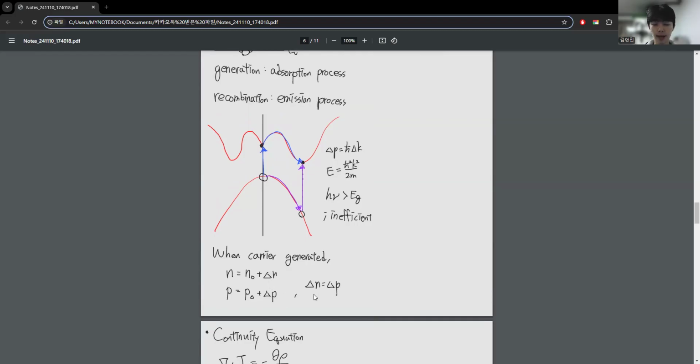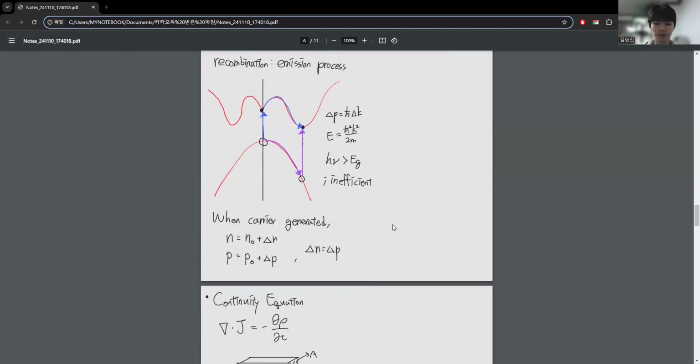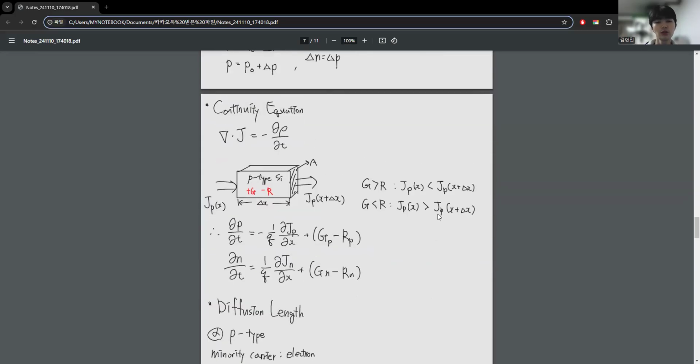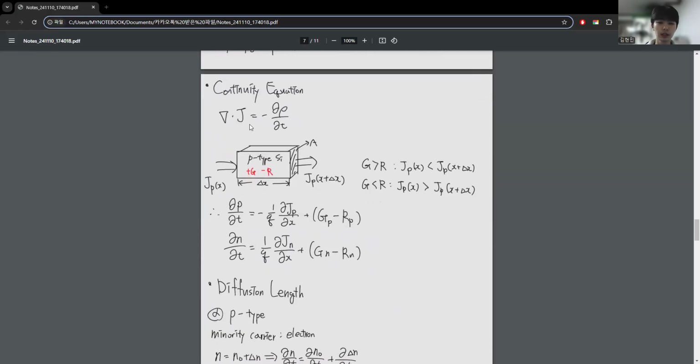because delta n equals delta p. And next, the continuity equation. The continuity equation is divergence of J equals minus round del p over round del t.